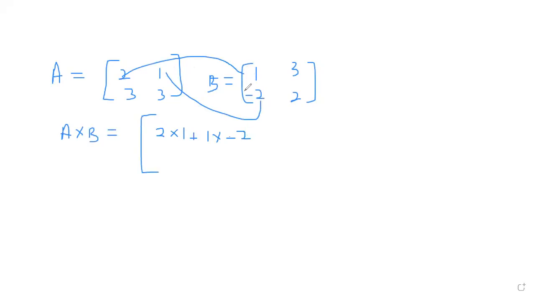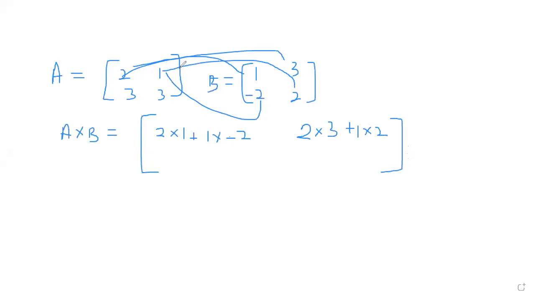Then once you are done with this column, you go to the next column. So it should be 2 times 3, and then 1 times 2. So that will be 2 times 3 plus 1 times 2.